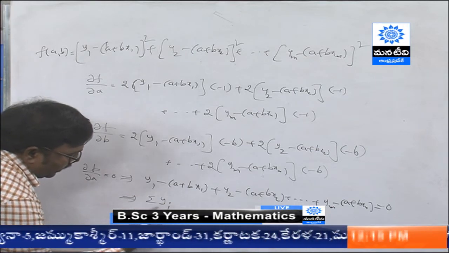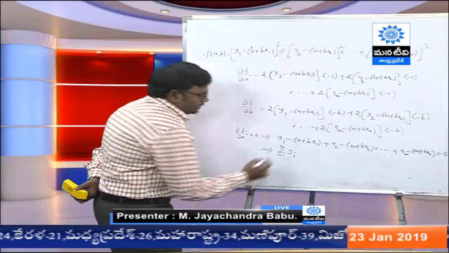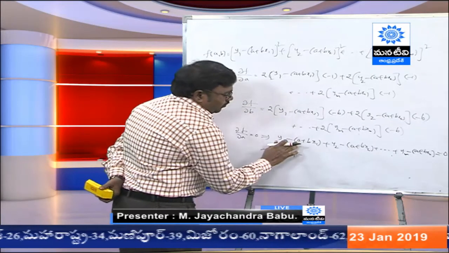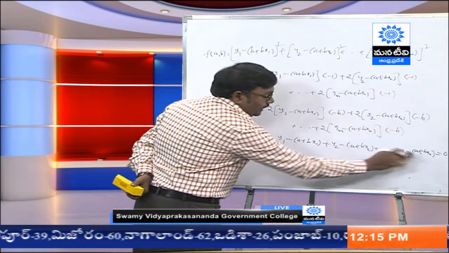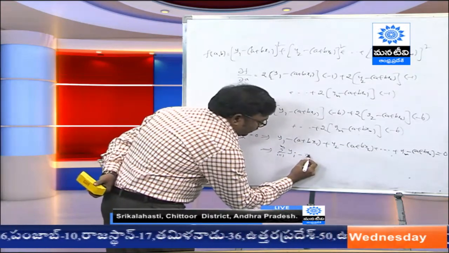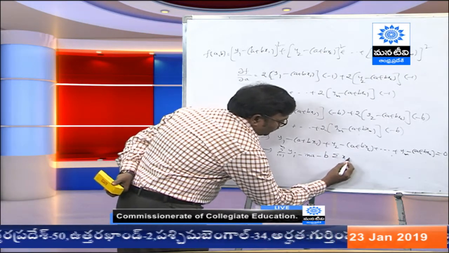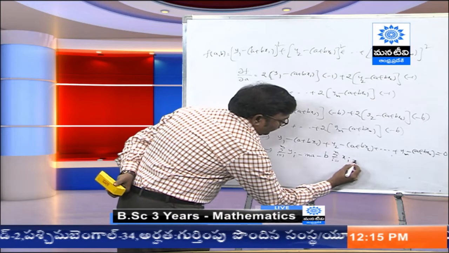summation of yi, i equal to 1 to m, because we have considered m data points, minus a, 2a and so on up to ma, because we have m data points. So, we can write it as ma minus b into summation xi, i equal to 1 to m, equal to 0.